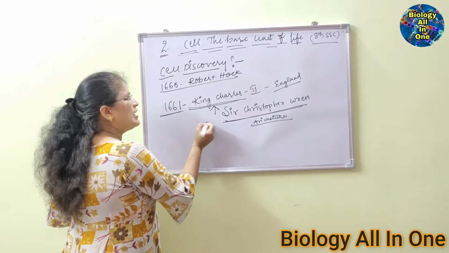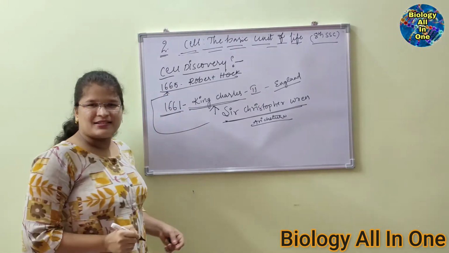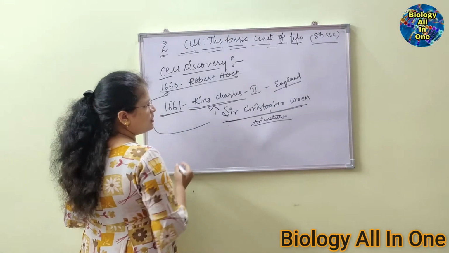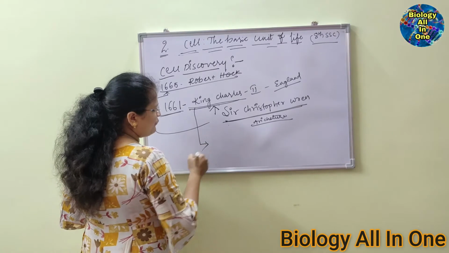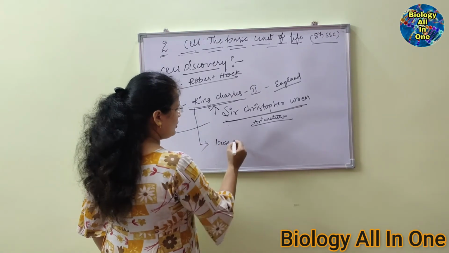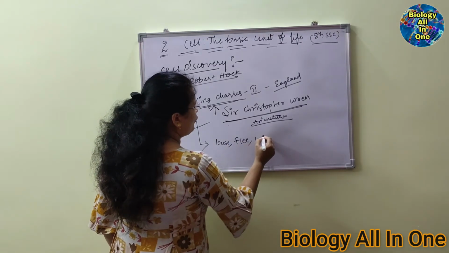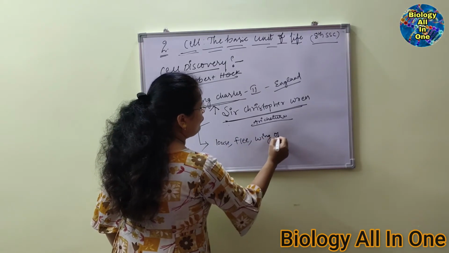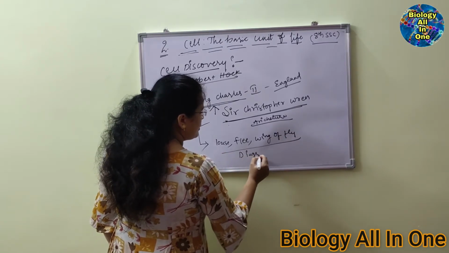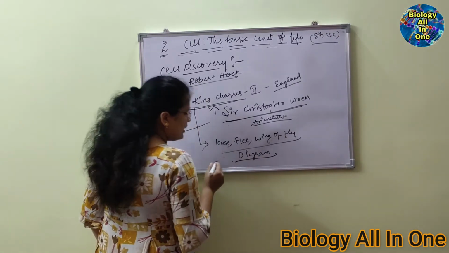What is the relation between the gift and cell discovery? Let us know. After receiving the gift, he opened it and found a louse, a flea, and a wing of a fly, as diagrams.